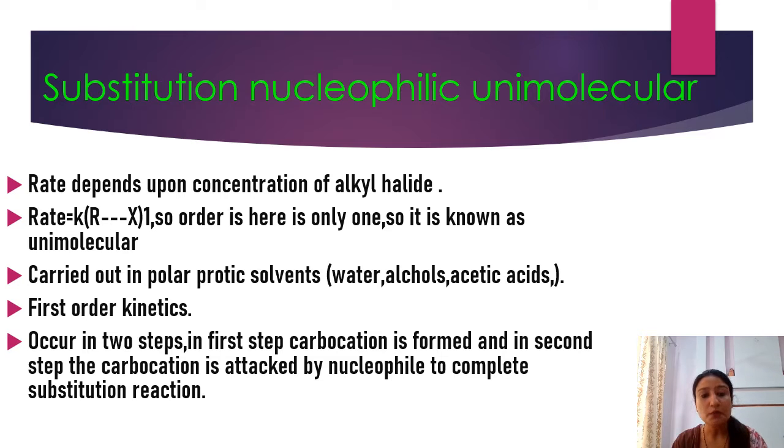They are carried out in polar protic solvents, and the polar protic solvents are water, alcohol and acetic acid. They occur in two steps. In the first step, a carbocation is formed, and in the second step, the carbocation is attacked by a nucleophile to complete the substitution.